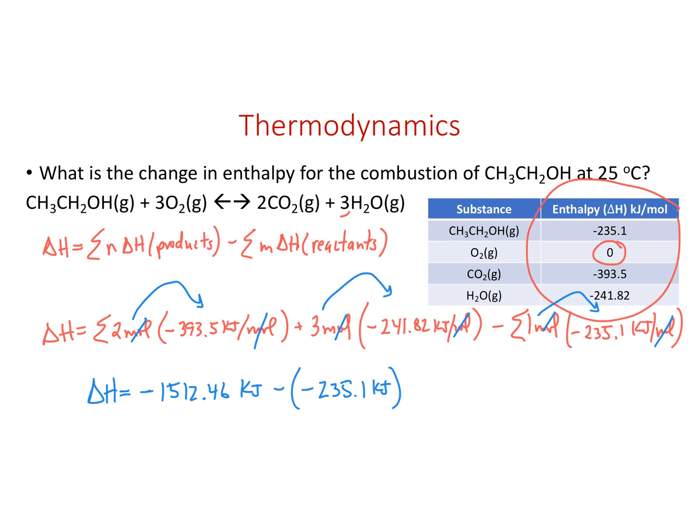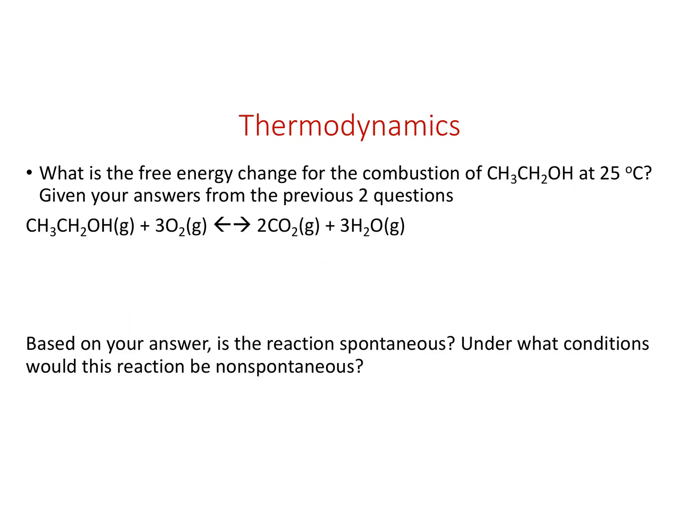Again, remember, the biggest mistakes, the most common mistakes that people make are simply addition and subtraction for these calculations. So I'm subtracting a negative, which is the same as adding that across. So I end up with a delta H for this reaction of approximately negative 1277.4 kilojoules. So now I have my entropy and I have my enthalpy for this reaction.